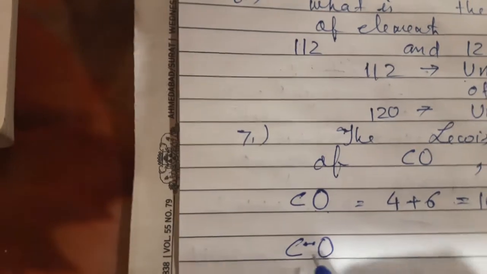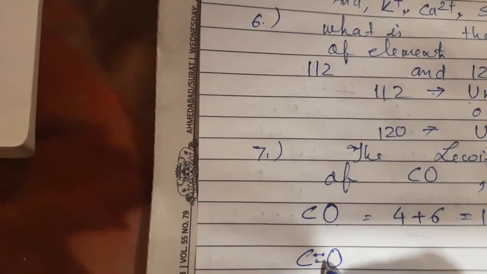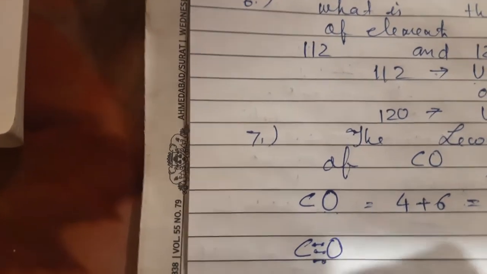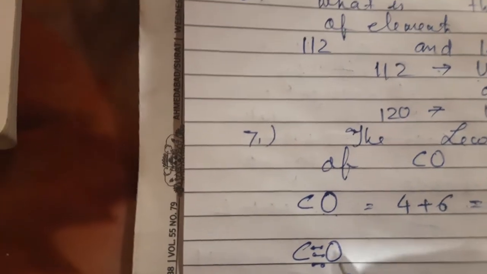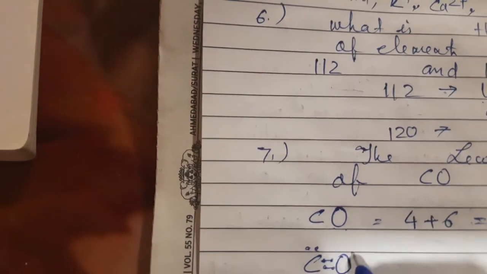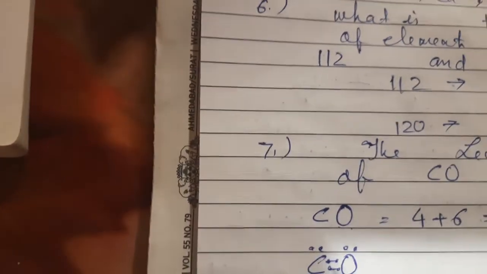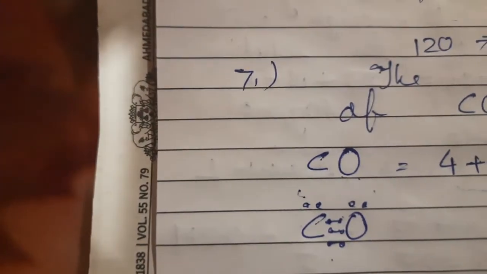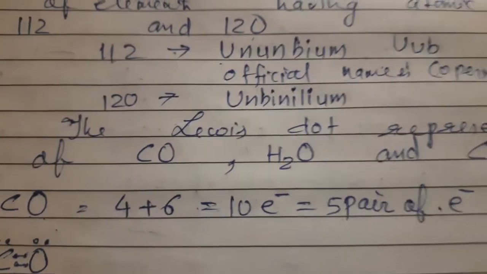If you adjust all the 5 pairs to make the octet complete, you will find that there is a triple bond between carbon and oxygen, and one lone pair each will be left. So 1 pair, 2 pair, 3 pair, 4 pair, 5 pair, and both have their octet completed. You see 1, 2, 3, 4, 5, 6, 7, 8. Similarly here also 8. So the octet is completed. So this will be the structure of CO. Clear? Second one after CO is H2O.